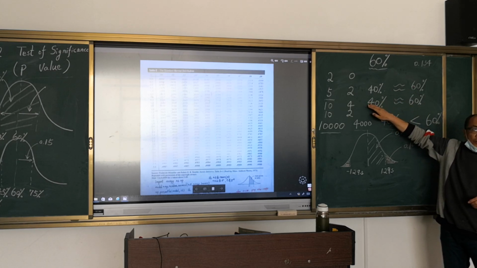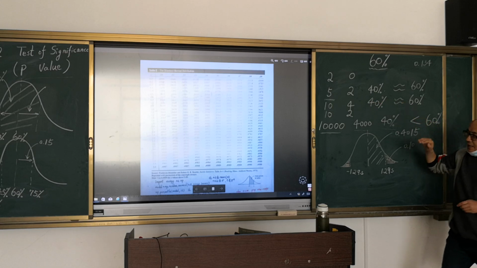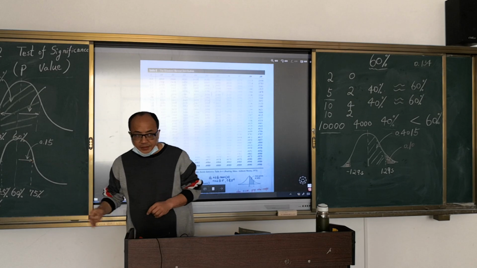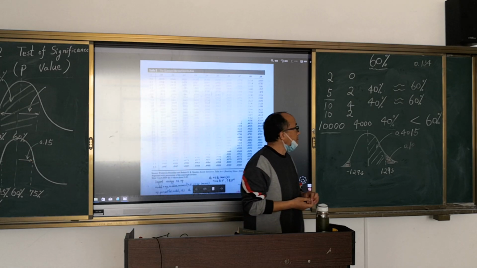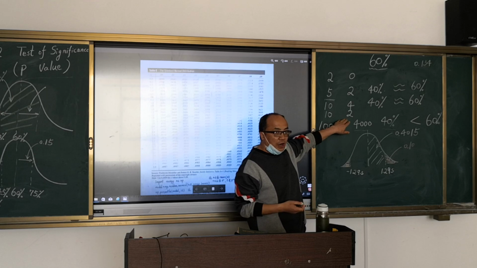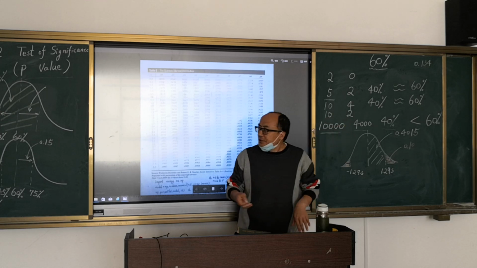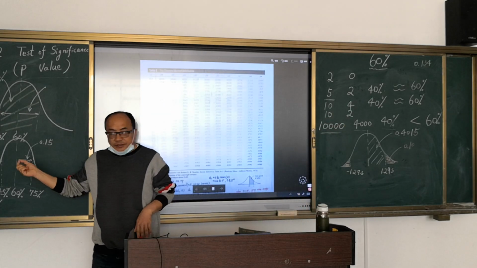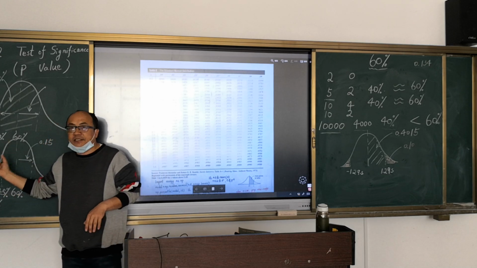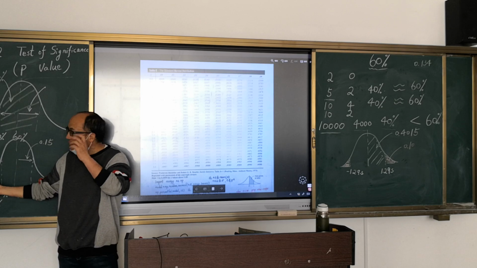If he made a 4 out of 10, we cannot say that, because there's a 10% chance to screw up. But here, if he only made a 2 out of the 10, the chance is very, very small.